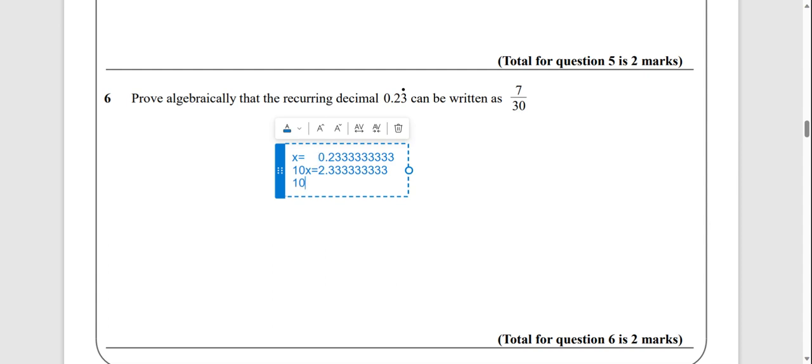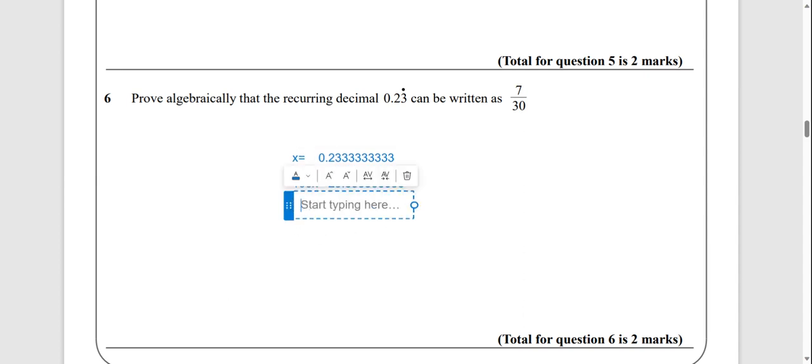Okay, so I'm going to have to do the 100x, which is going to leave me 23 point and then my 3 recurring. Now you will notice here that when I line them up, my recurring 3s are matching, so I'm going to be able to subtract them from one another.